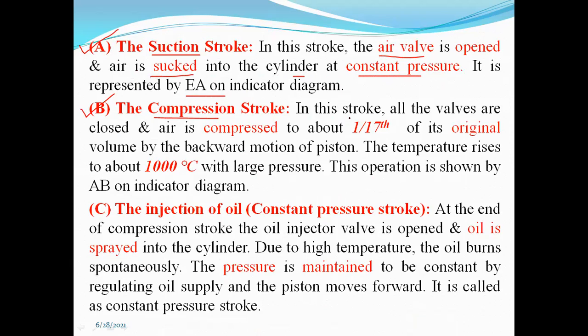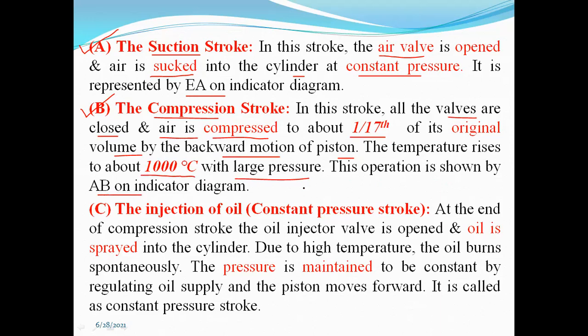In this stroke, all valves are closed, and the air is compressed to about 1/17 of its original volume by the backward motion of the piston. So the temperature rises to about 1000 degrees Celsius with large pressure. This operation is shown by AB on the indicator diagram.